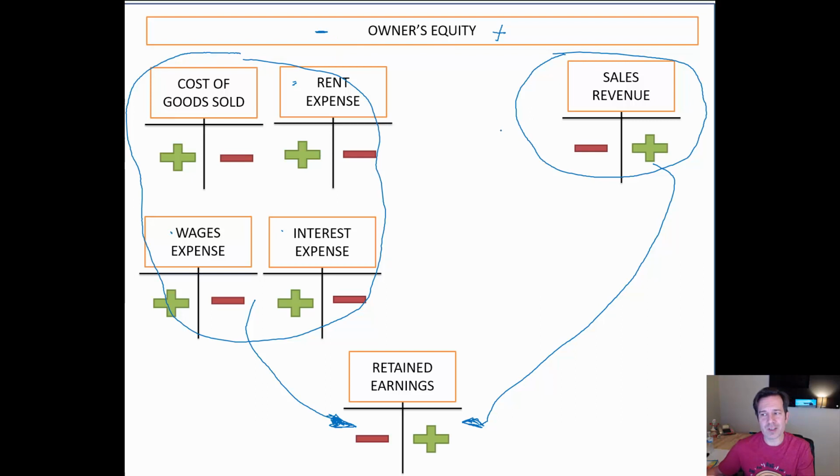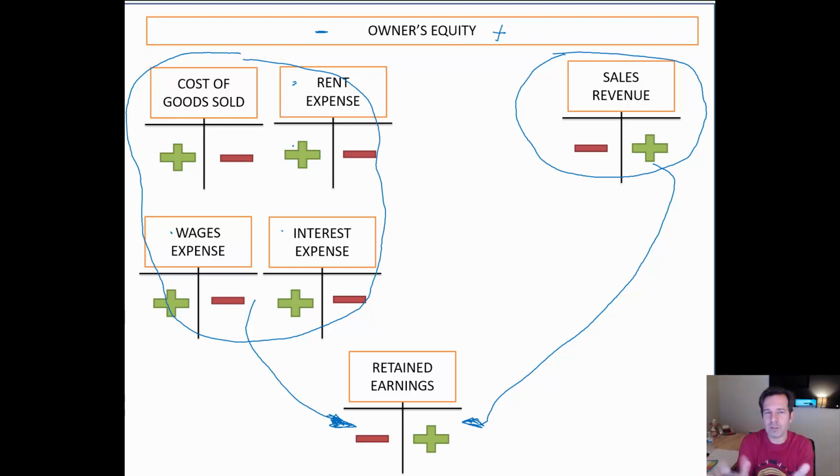But if you look at these accounts on here, some of them don't follow that pattern. Sales revenue goes up on the credit side, so it follows the pattern. You can see it makes retained earnings go up. But if we look at those expense accounts, it looks like all those expense accounts are going up on the debit side. And they do, even though they're on that right-hand side of the accounting equation.